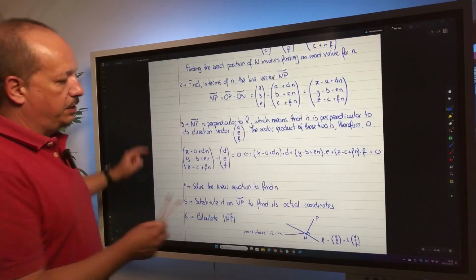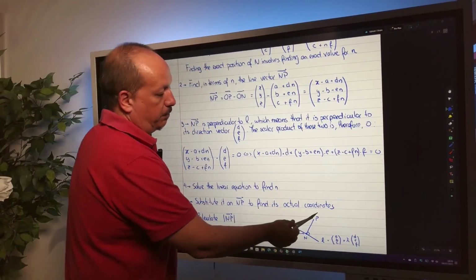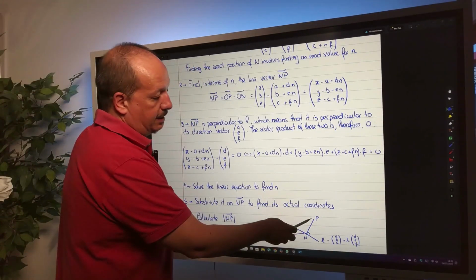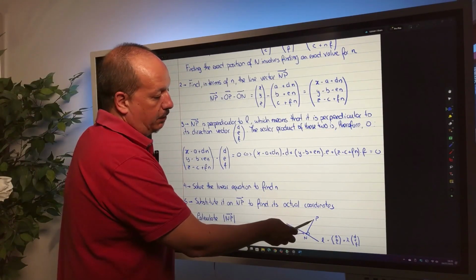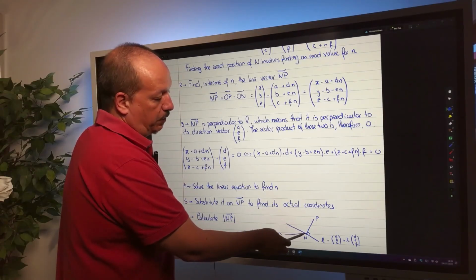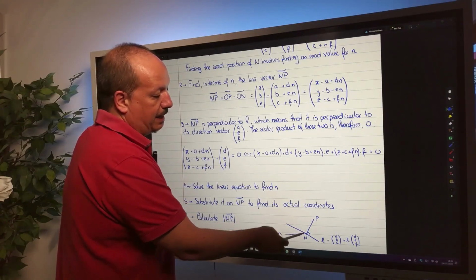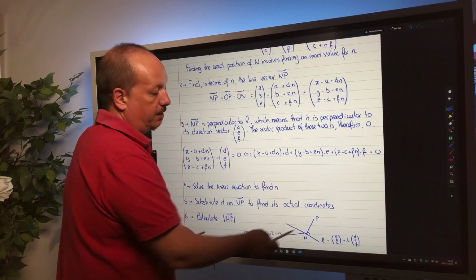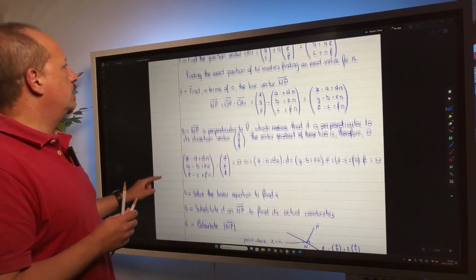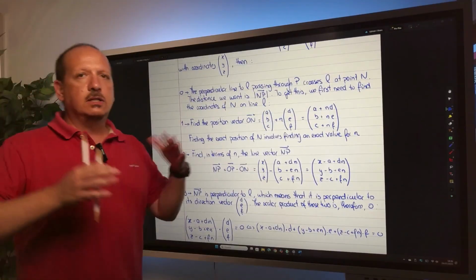So I'll have here the line L, here the point P. What I want is the perpendicular distance from P to this point over here. So that is the magnitude of that line over there. Okay? So step 0, the whole idea.